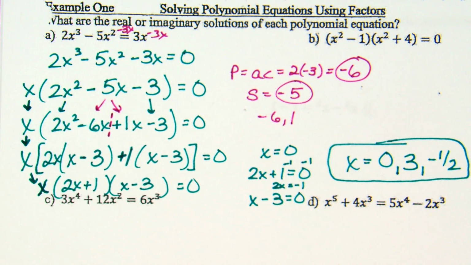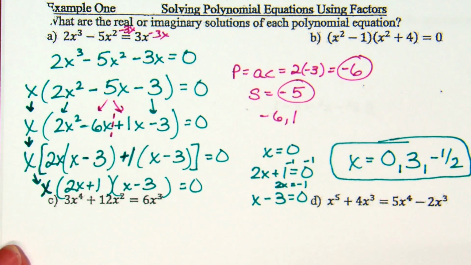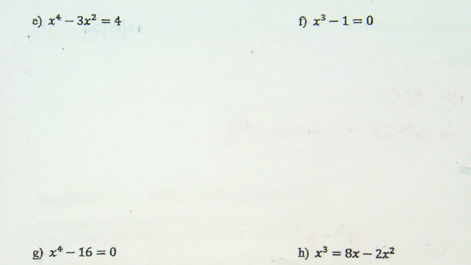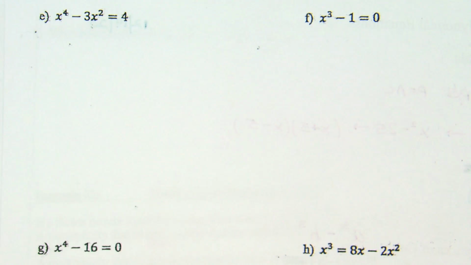Backside. Again, as I said, I'm jumping. We're going to go to the backside, and we're going to try example E. X to the 4th minus 3x squared equals 4. Take a guess on that first step. Well, plus 4 or minus 4, which is it?